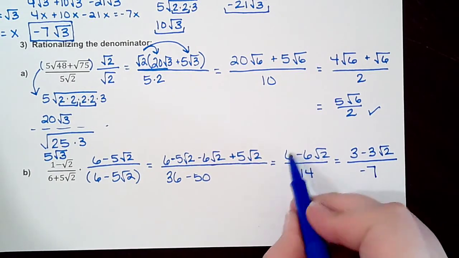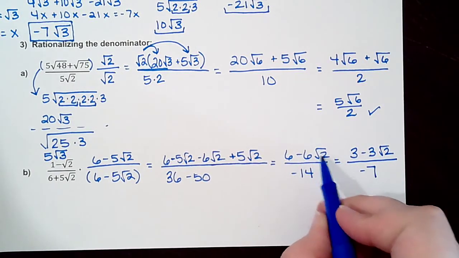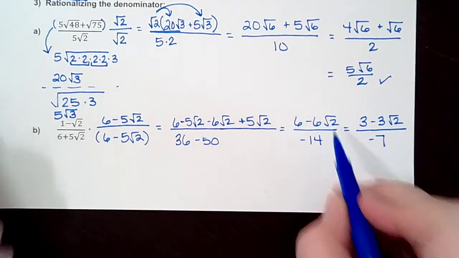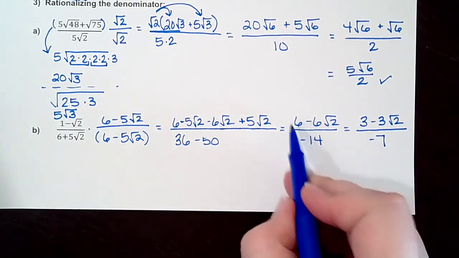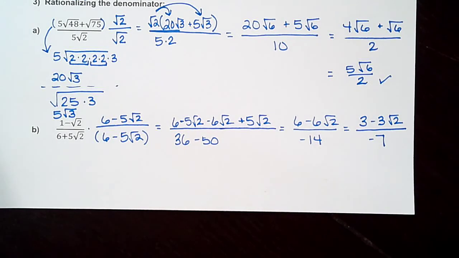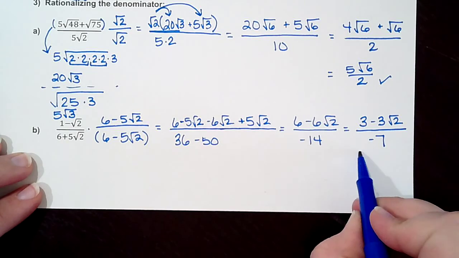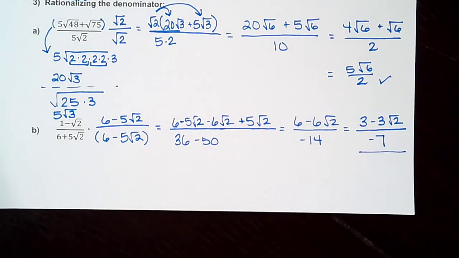Notice when I factored out the 2, it did not factor out of the radical. We treat that like a variable, like an x, as I did in this problem up here. So what's in the radical stays in the radical. What's out of the radical we can work with a little bit more. And then obviously if you want to move that negative 7 up, you could as well.